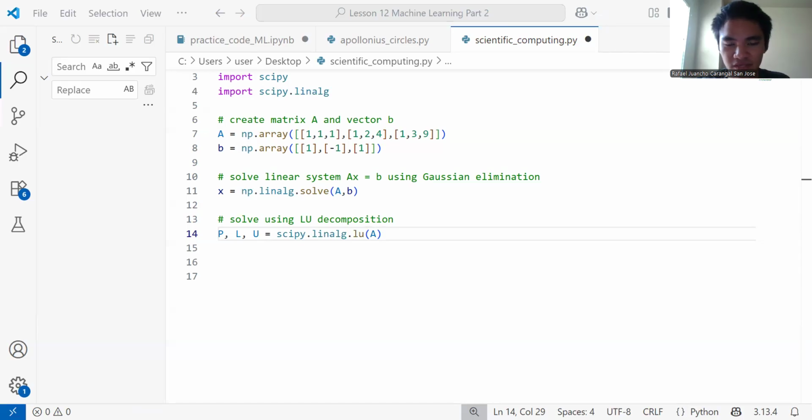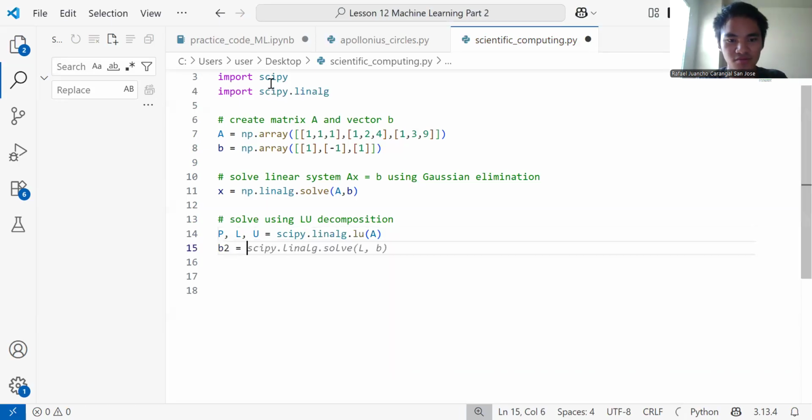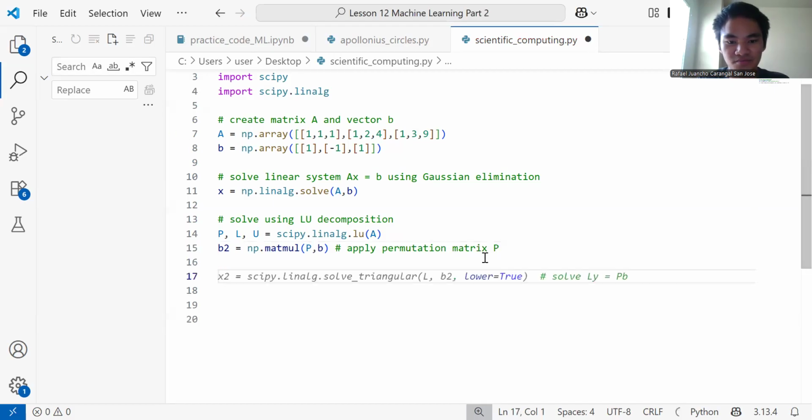This one gives me PA equals LU, right? And here's where our permutations come in. So you're going to say b2 equals np.matmul of P and b. Here we're applying the permutation matrix P.